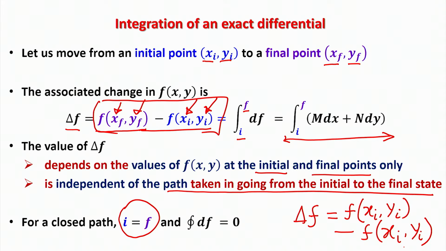Now, therefore, if I go from an initial point to another point that is the same as the previous one, this is a closed path, and the integration is then given a sign like this. And as you can see, if df is an exact differential, the cyclic integral of df is going to be equal to 0.